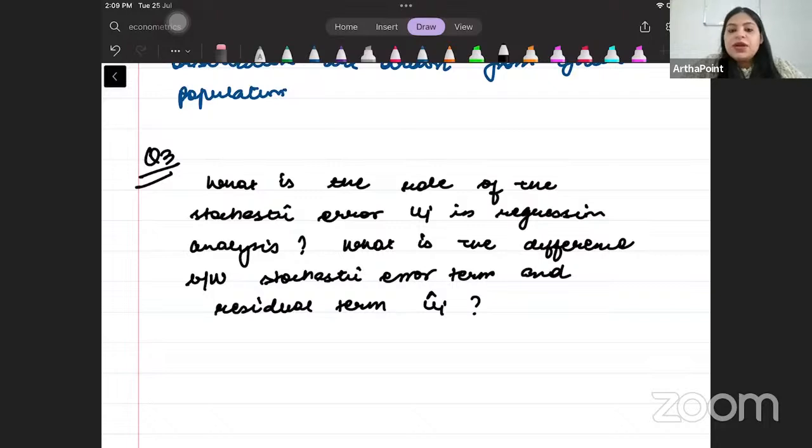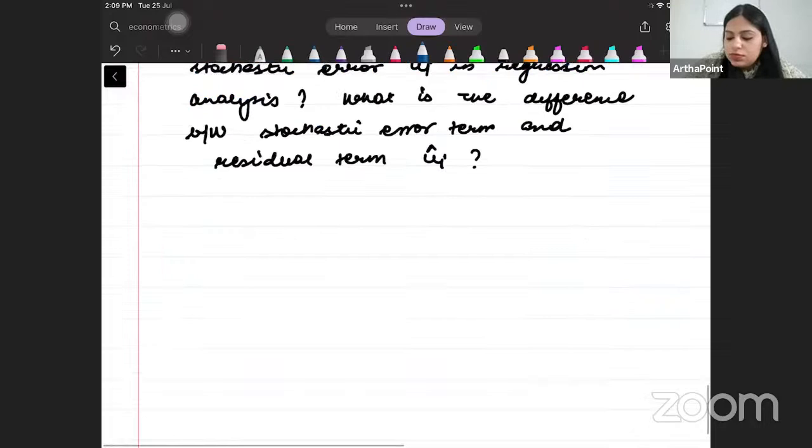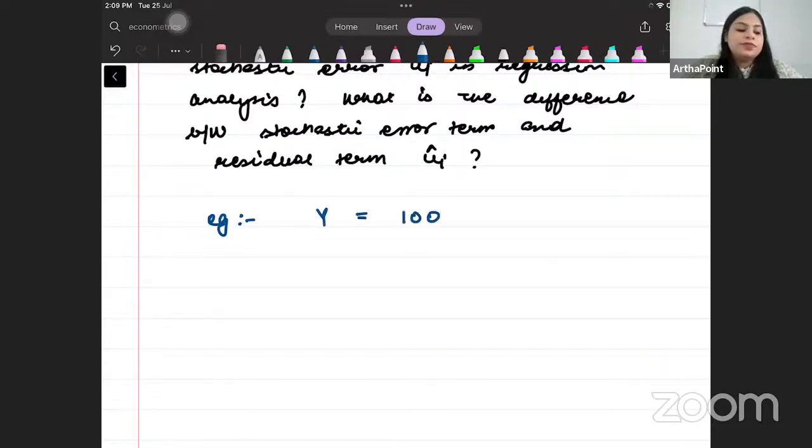Try to understand. When I talk about the stochastic error term, पहले समझो फिर लिखेंगे. The stochastic error term is basically the difference between the observed and expected value of y. Okay. So for example, think that beta, I have the value of y given as 100.